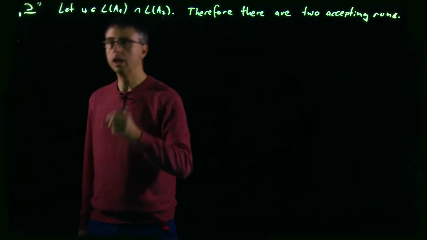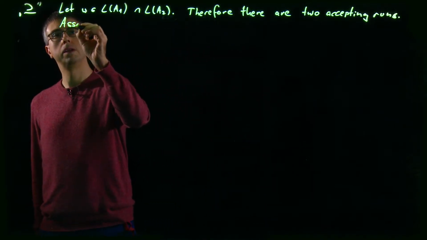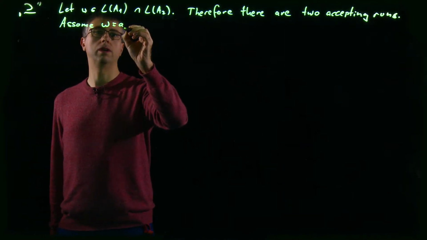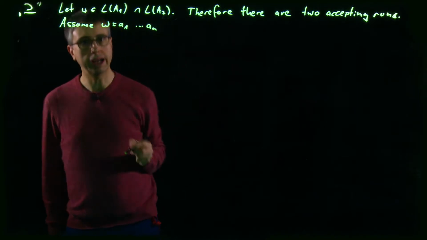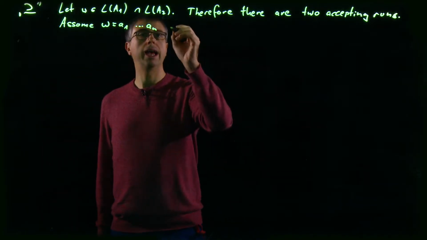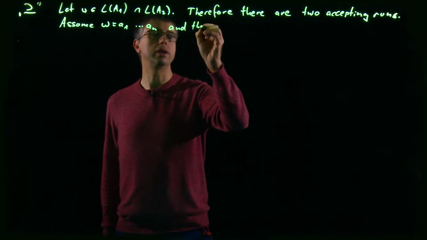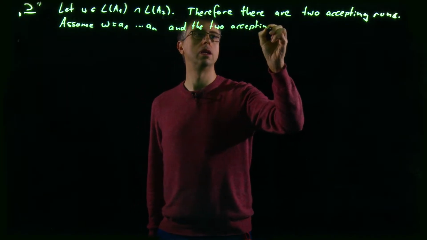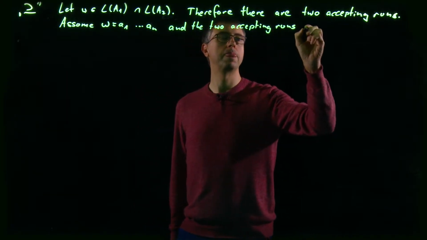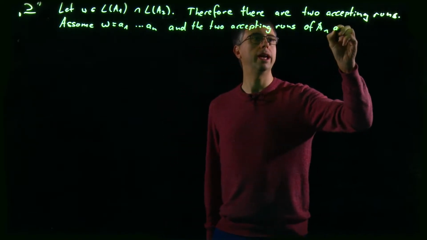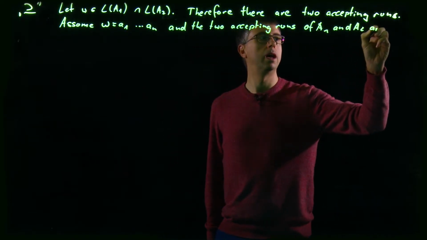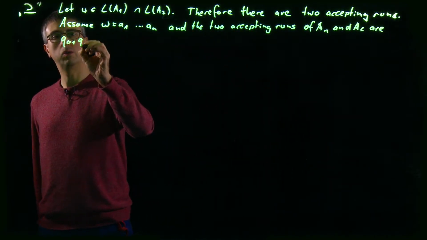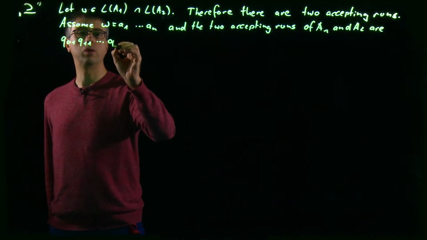We assume that the word w has the form a1 up to an. Again, there are n letters, and the two accepting runs of A1 and A2 are q_0^1, q_1^1 up to q_n^1.